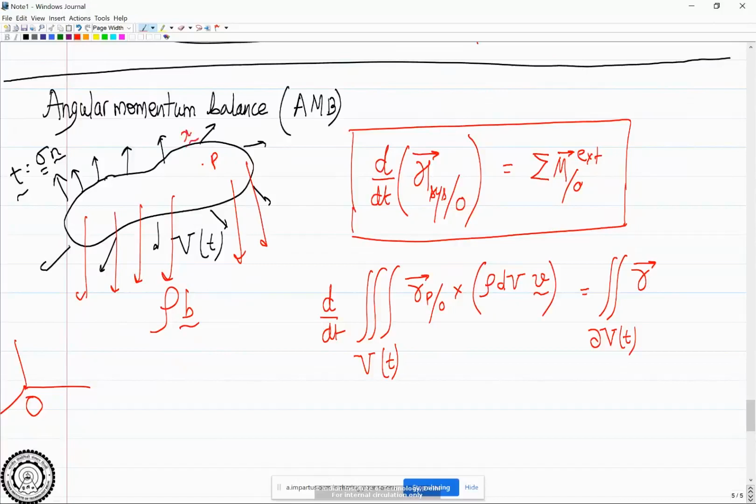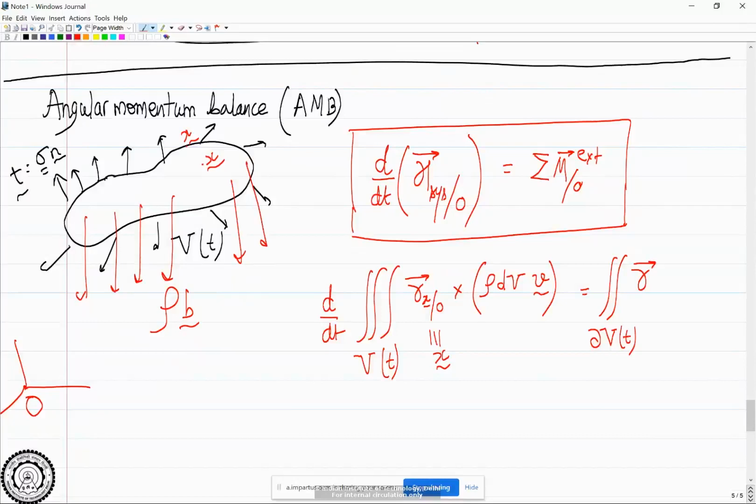Likewise, this P also could be small x itself. I don't have to use P here. It's a small x. So r of a small x with respect to O is simply x itself, isn't it? You can recall that x is the position vector from O.